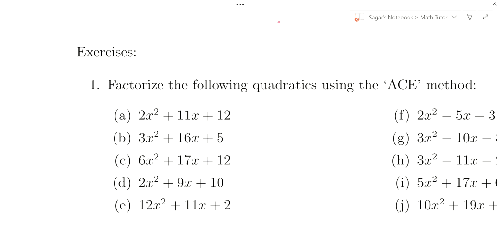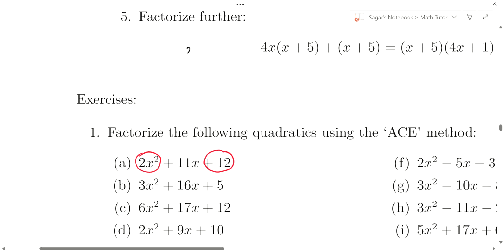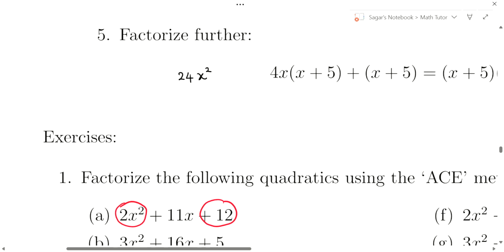So let us take our ax squared term and our constant c, which is 12, and we end up with 24x squared, right? Now we need two terms that multiply to give us 24.